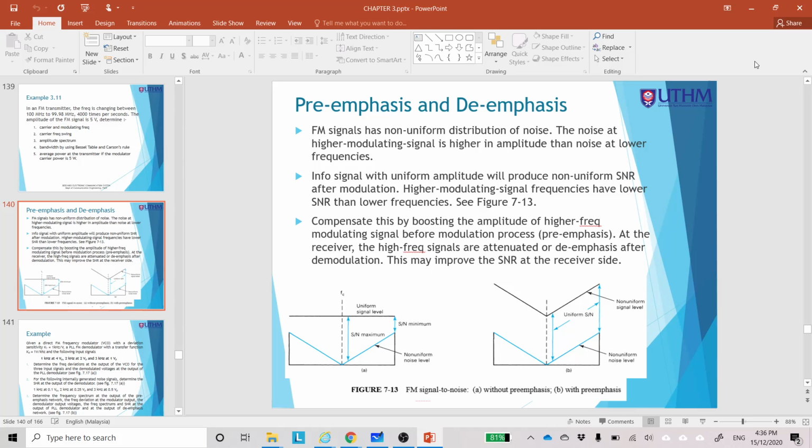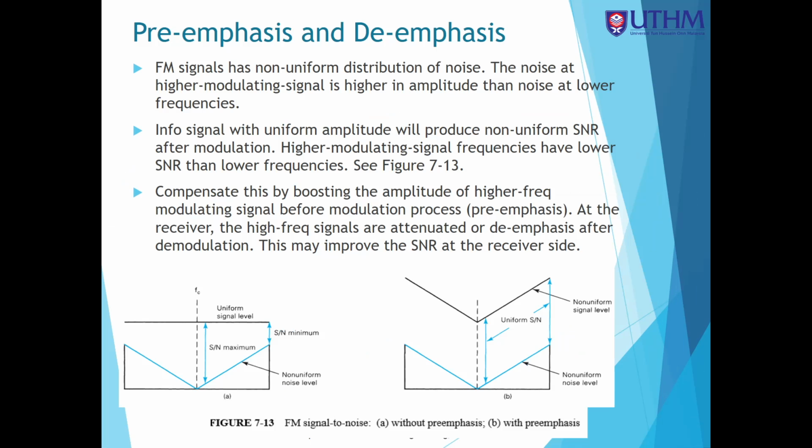Okey. Topik seterusnya adalah berkenaan dengan pre-emphasis and also the de-emphasis. Topik ini sebenarnya telah dikeluarkan daripada nota untuk semester ini yang mana ini tidak diperlukan lah sebenarnya. Tapi saya akan cerita sedikit berkenaan dengan pre-emphasis and also de-emphasis.